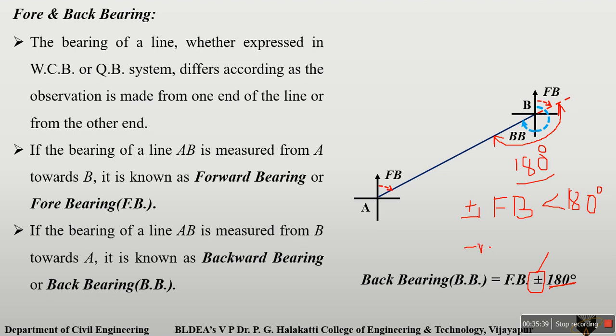If the forward bearing is more than 180 degree, you have to use the negative sign. You must remember, if the forward bearing value is less than 180 degree, use the plus sign while calculating the back bearing. Similarly, if the forward bearing is greater than 180 degree, in that condition, for calculation of back bearing, you have to use the negative sign.